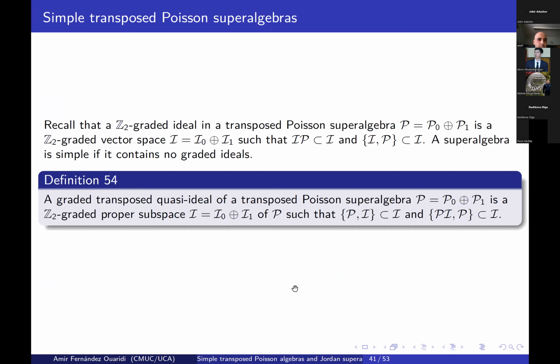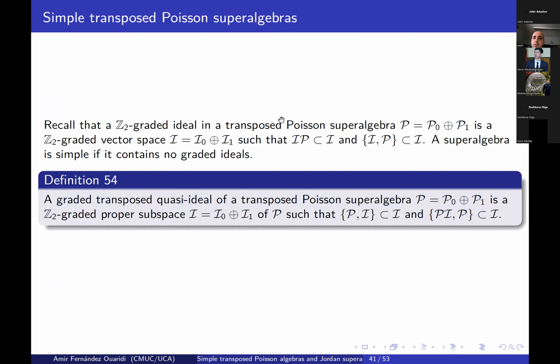In the case of transposed Poisson superalgebras, we can pretty much do the same. Recall that a graded ideal in a transposed Poisson superalgebra is a graded vector space that is an ideal for both multiplications.